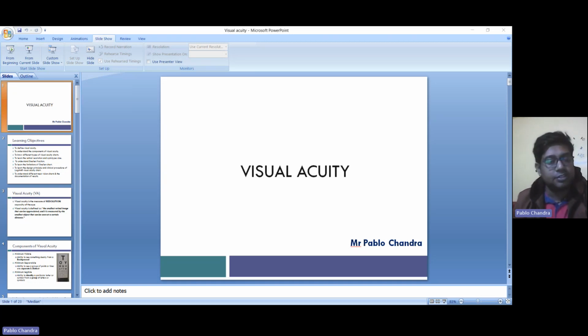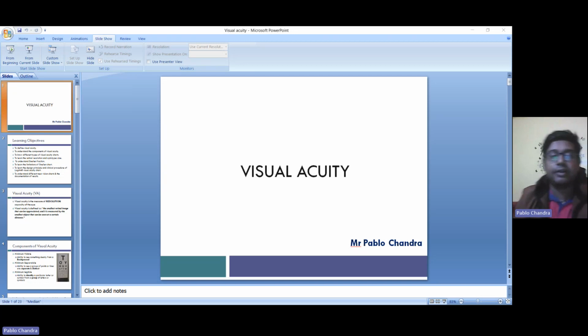The first use is to measure or quantify the resolution capacity of the eye, meaning we try to measure how much we can see. Resolving capacity means the power of our eye to see an object. That is called visual acuity.